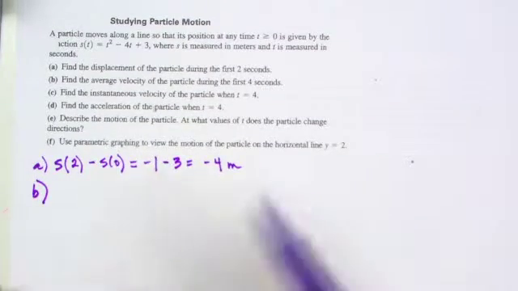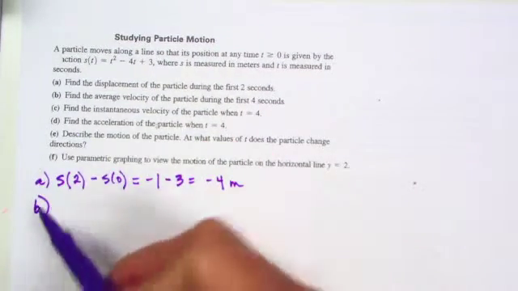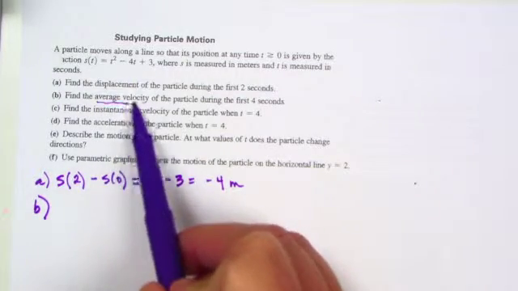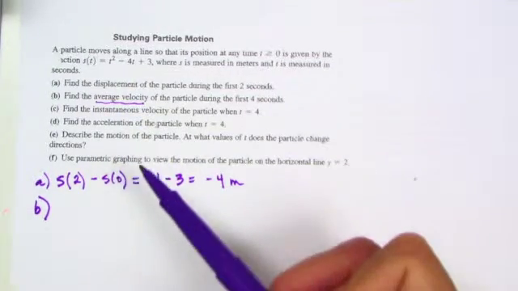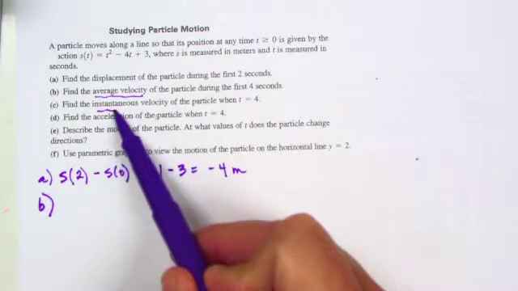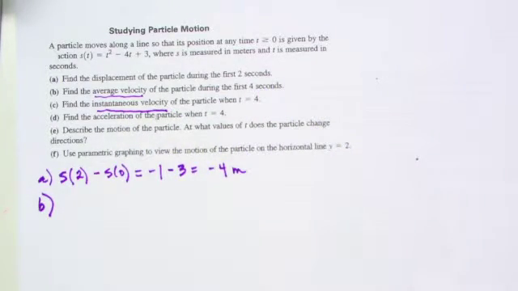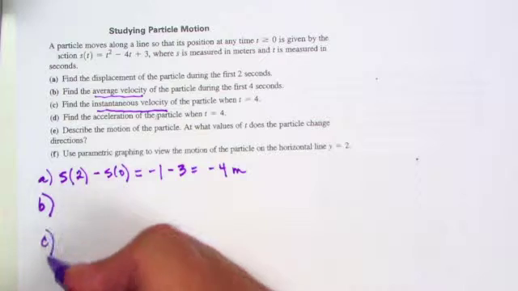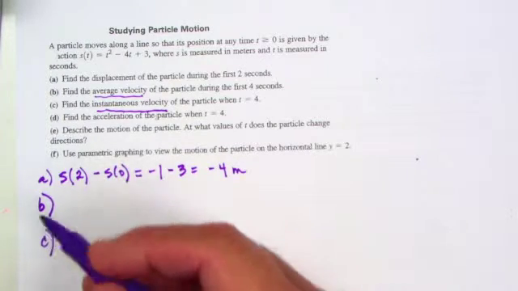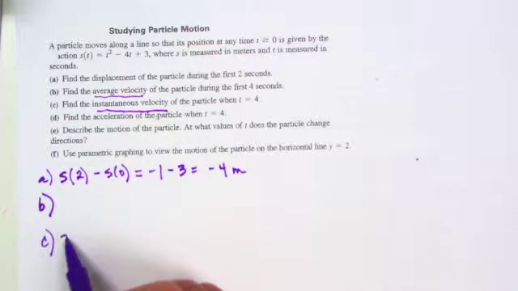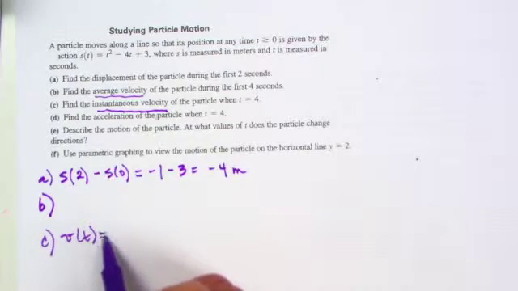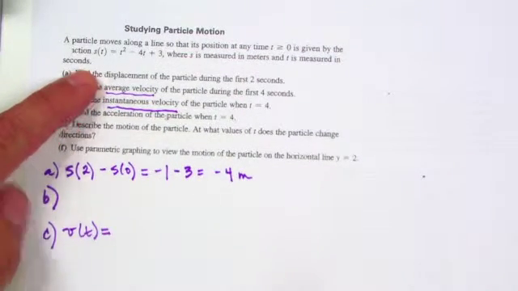Okay, now I want you to look at B and C before we answer them. B says find the average velocity of the particle in the first 4 seconds, and C says find the instantaneous velocity of the particle when t equals 4. Instantaneous velocity would indicate that you need to do what? The derivative, right? So V of t, tell me what V of t is equal to in general terms.